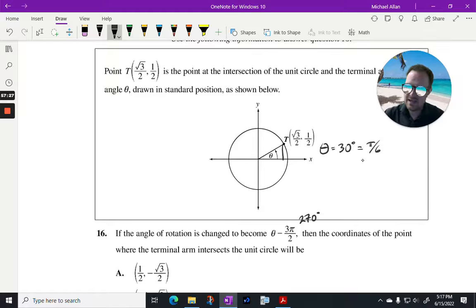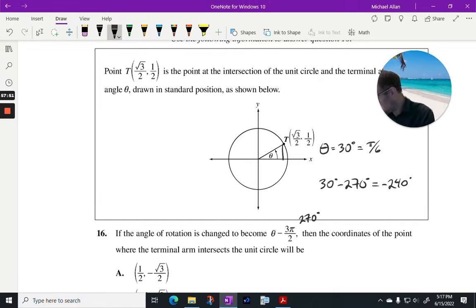Okay, so now if I take this and I minus 270 from it, where does that land? So I'm just going to do that right now. So negative 240. They did this so that you can deal with negative numbers, but remember you can always just change it to a coterminal angle by adding 360.